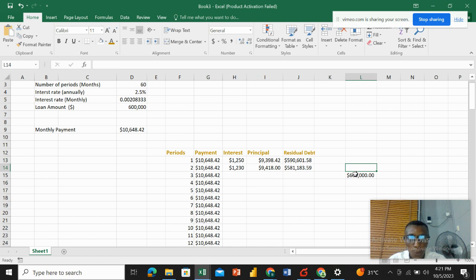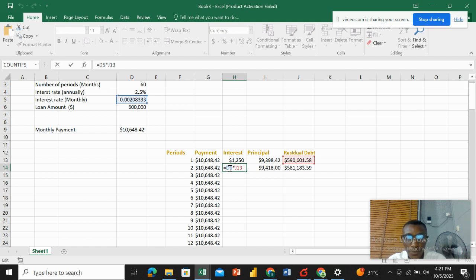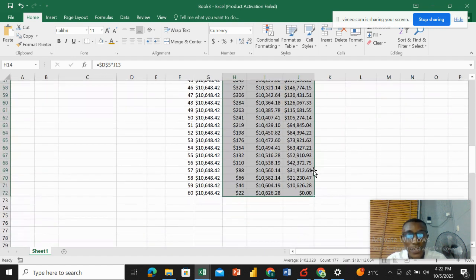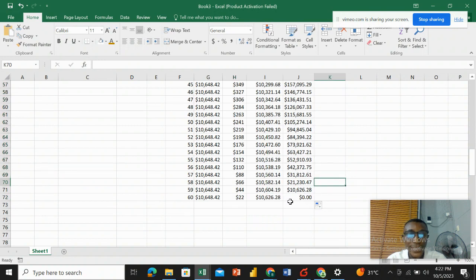So let's remove this. I'm going to allow Excel to do what it knows how to do best. Let me program this. Let me reference this column. As you can see, in the sixth month, we don't have anything in our residual value. We made all payments.